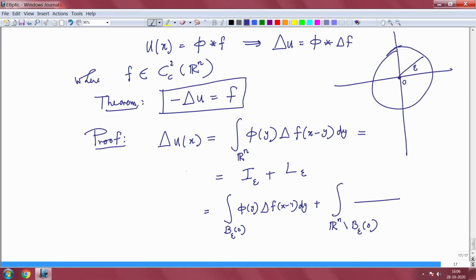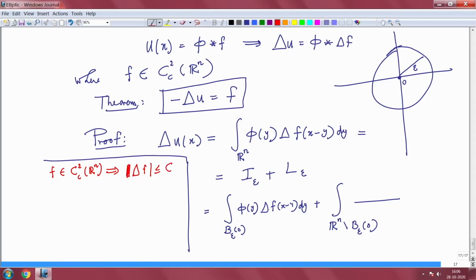Now look at the first term, so that I do not have to carry it to that level. Since f is in C_c^2 of R^n, Laplacian of f is bounded, by some constant independent of x.